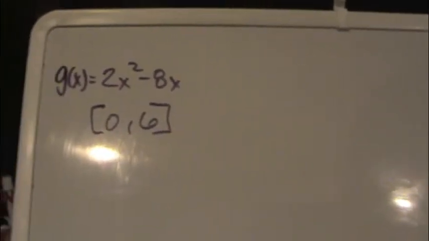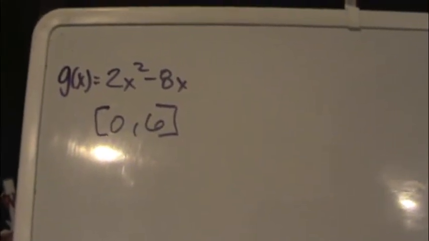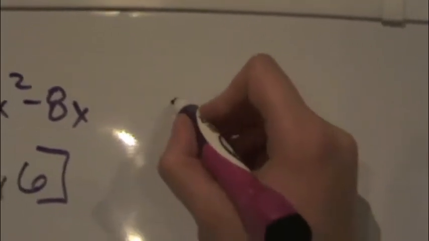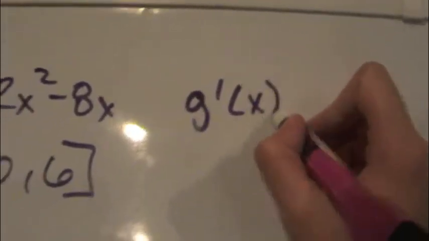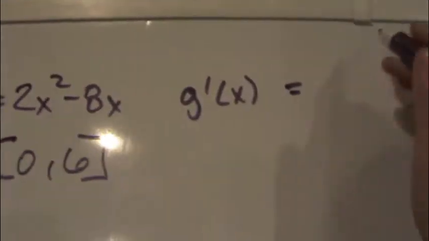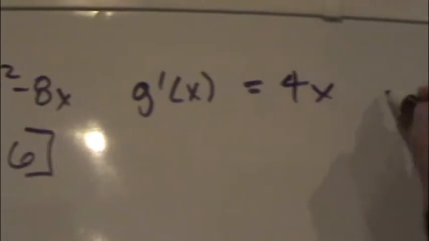Now what you want to do first is differentiate the given function. When we differentiate this, we find using the power rule that g prime of x equals 4x minus 8.